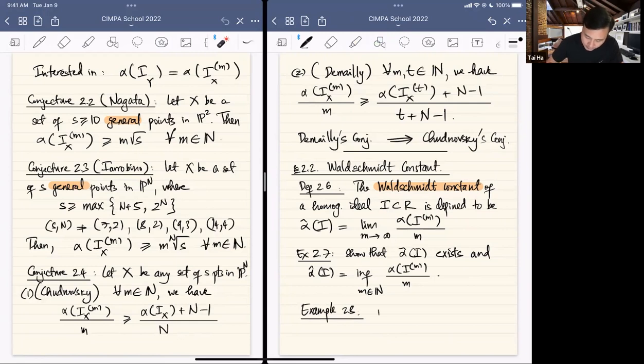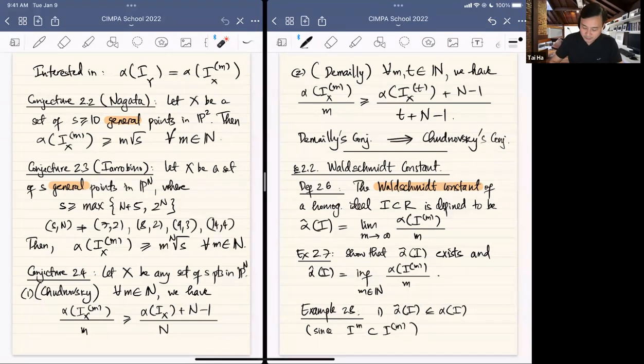Now, it's very easy to see that alpha hat is no more than alpha, just because, again, if you know that this is true, then when you take m to be 1, this is just alpha of I divided by m, right? Provided we talk about radical ideals, okay? And another way to see this is because we know that I to the m is contained in I to the symbolic powers, right?